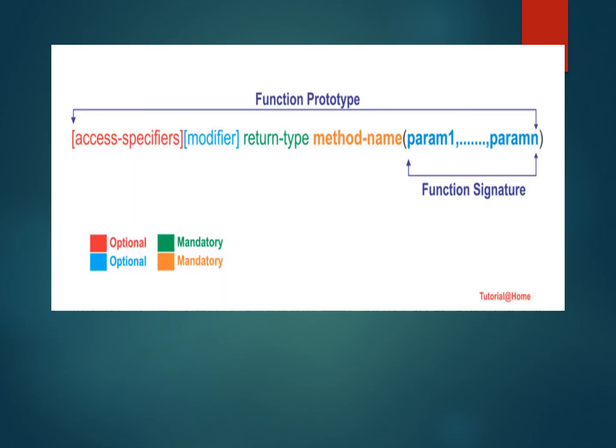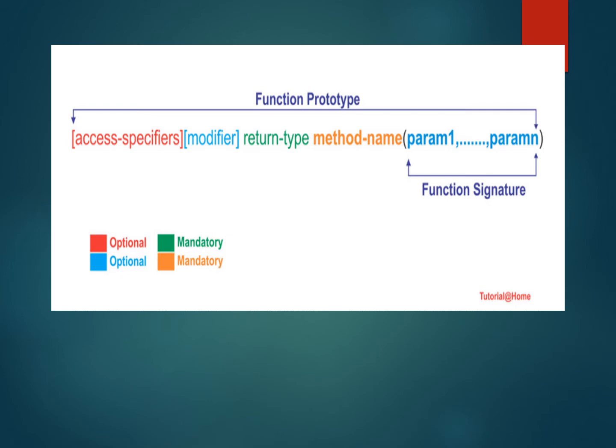Next is the function prototype. The first line of the function definition, which we have studied, begins with the function prototype. So we can say that the function name plus function signature gives you a function prototype. The keywords specified in square brackets, like access specifier and modifier, are optional parts, which means it is not mandatory to specify these specifiers or modifiers.